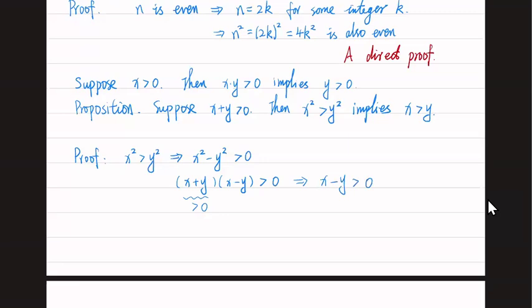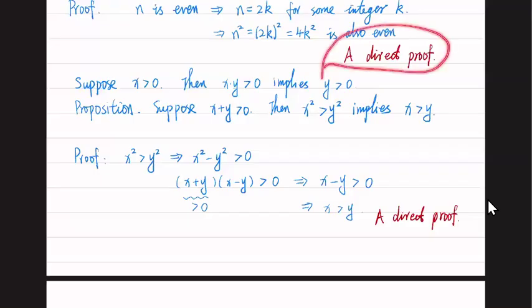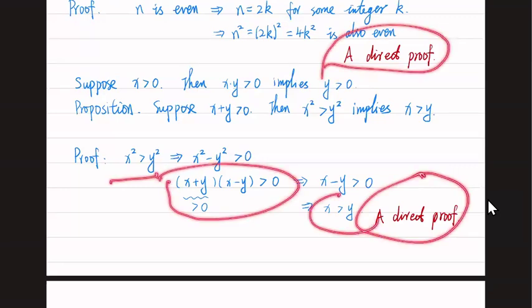Then we add y to both sides. Okay, so this is another direct proof. So you can see this direct proof starts from what we know or what is given, then tries to derive what we want.